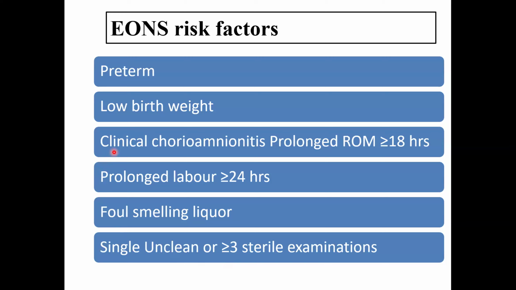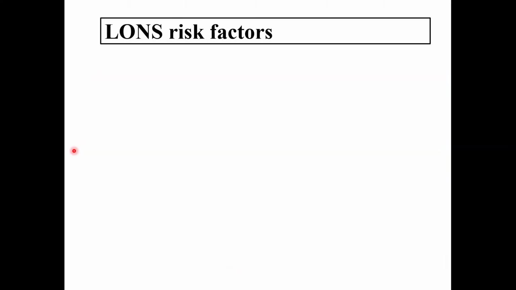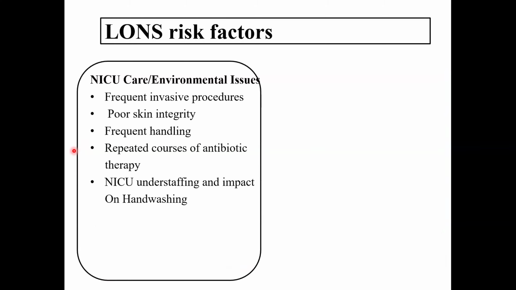So it is important to ask for this history in any mother, or look through the obstetric case sheet of the mother, or in case of outborn deliveries, ask the history from the mother. Right? History of fever is also important because clinical chorioamnionitis we can diagnose by fever and the other criteria.